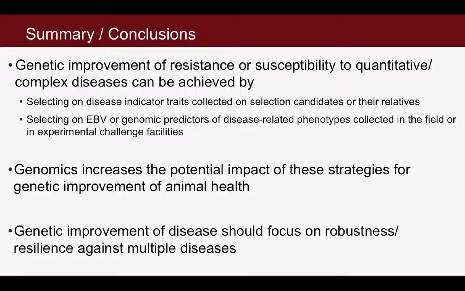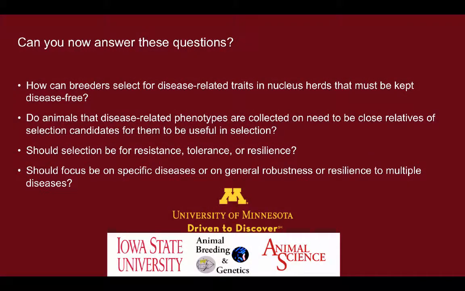In all these cases, genomics increases the potential impact of these strategies for genetic improvement in animal health because it allows us to leverage these phenotypes across a larger number of animals. And finally, genetic improvement of disease probably needs to focus on robustness and resilience against multiple diseases rather than on resistance to individual diseases.